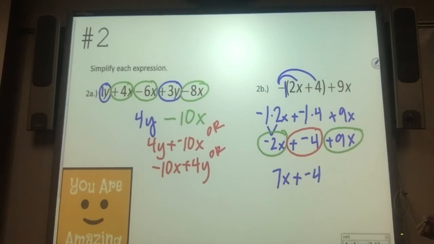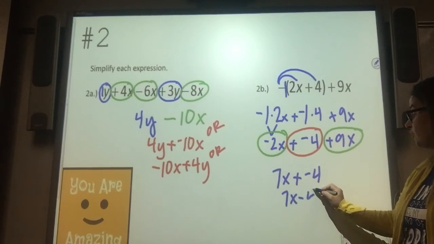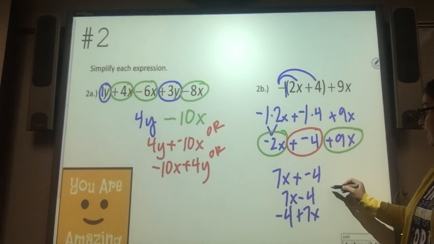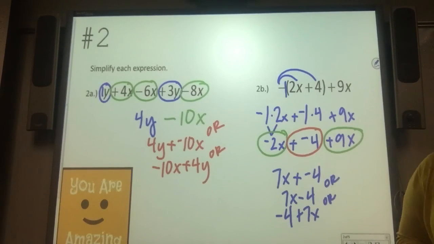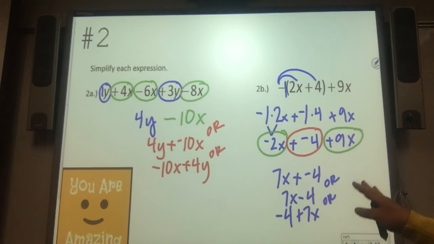Now again, there's other ways that you can write this value. You could write 7x minus 4 or negative 4 plus 7x. Any of these work, right? So if you haven't gotten all of this copied down on your notebook paper, pause the video and then come back for the next couple problems.